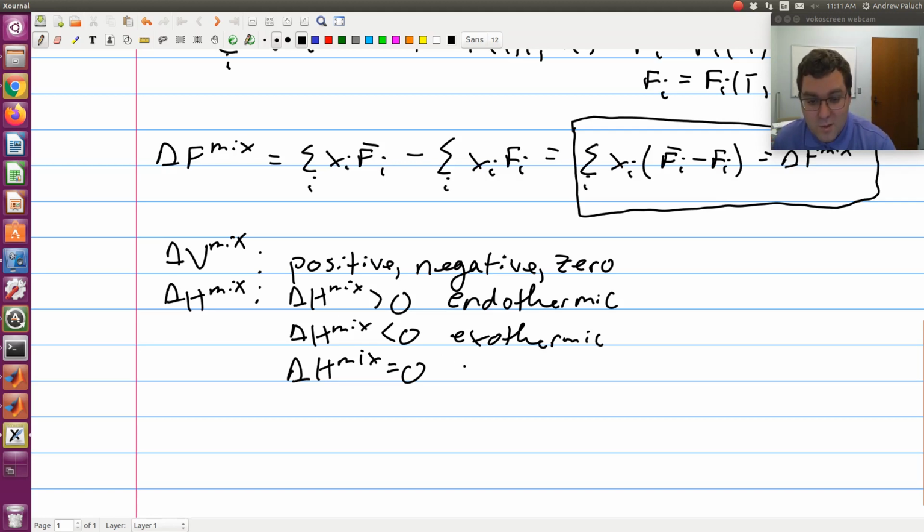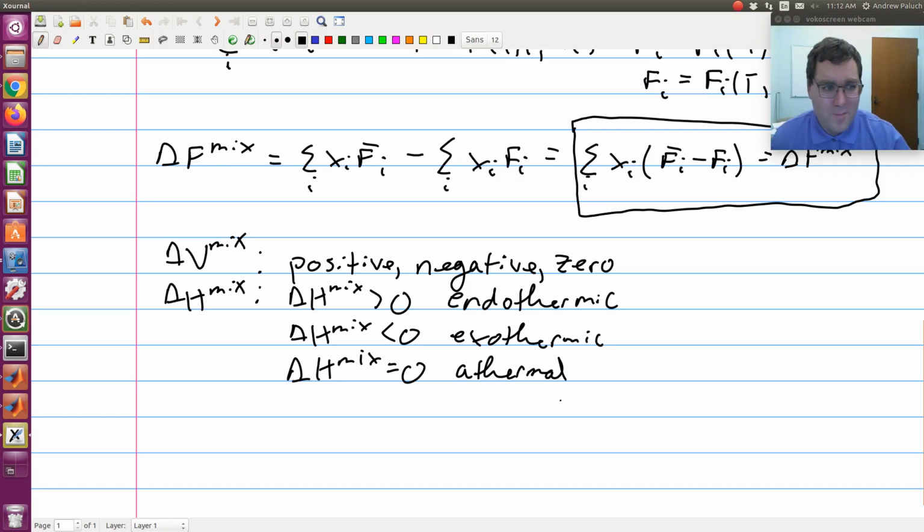Athermal solutions become really important in the polymer world. Essentially, the enthalpy or interactions are just negligible compared to the entropy due to mixing these big, big molecules with really small solvents.